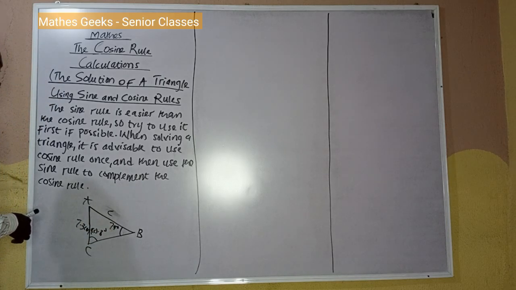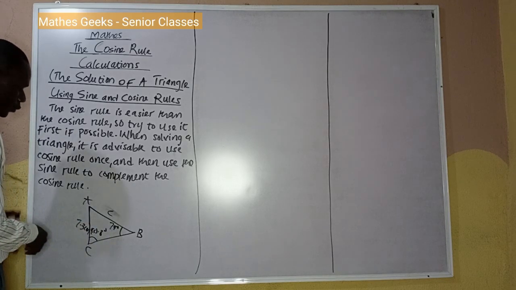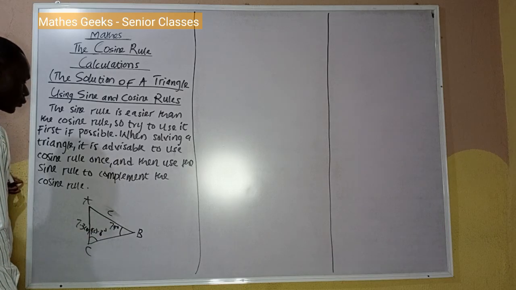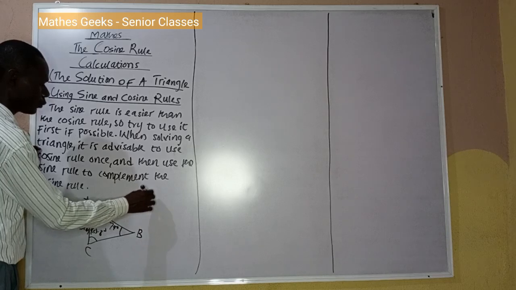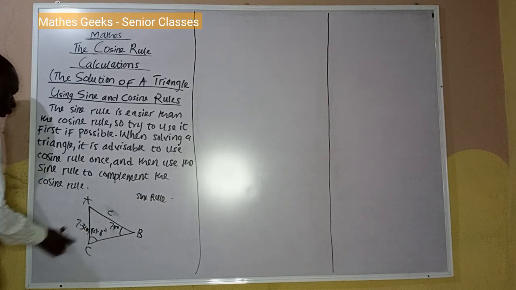So in this case, you can see that two angles are given and one side, where the side that's given is opposite a given angle. So you see that this condition fulfills the sine rule. The sine rule is fulfilled here, so we make use of the sine rule in this case.